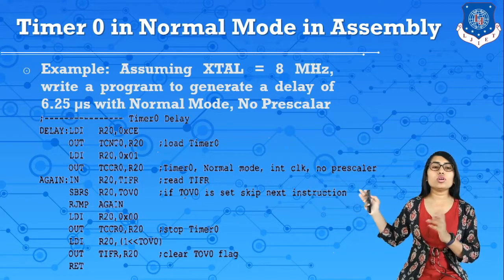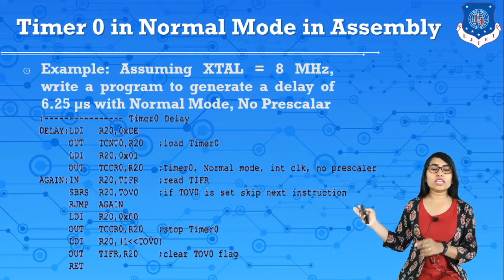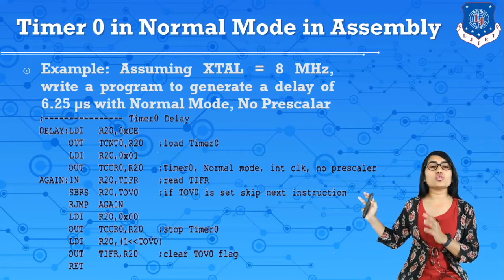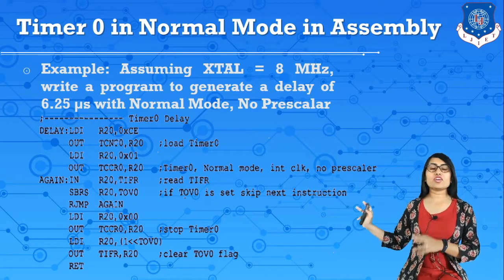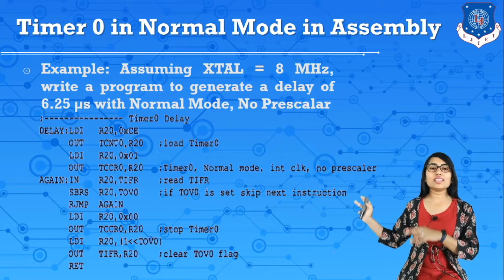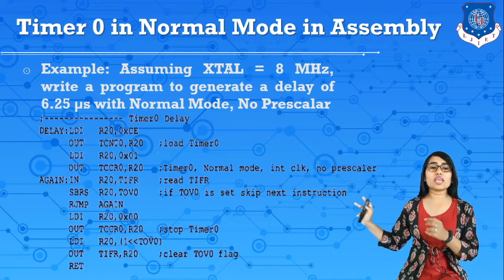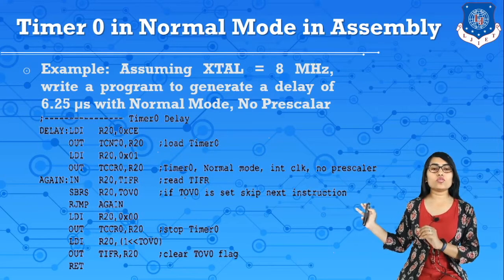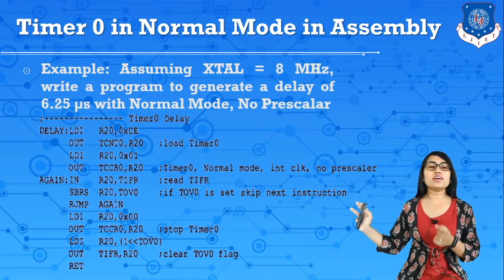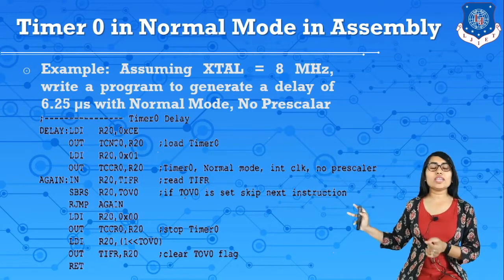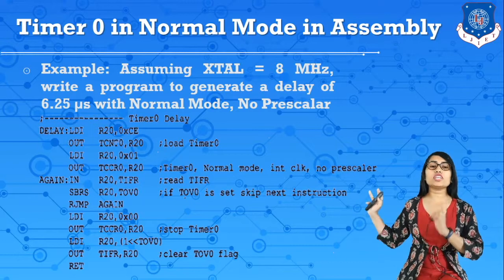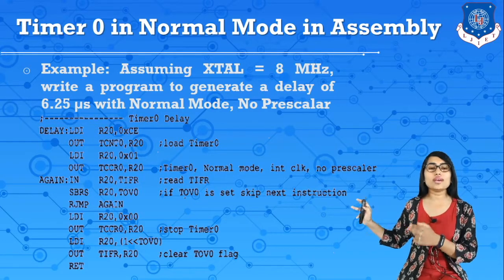Now we have to continuously read the value of TIFR. So here we use the instruction IN R20, TIFR. Whatever the contents of TIFR are copied into R20, and to read particularly the TOV0 flag, we use the SBRS instruction, SBRS R20, TOV0. If TOV0 is equal to 1, then skip the next instruction.